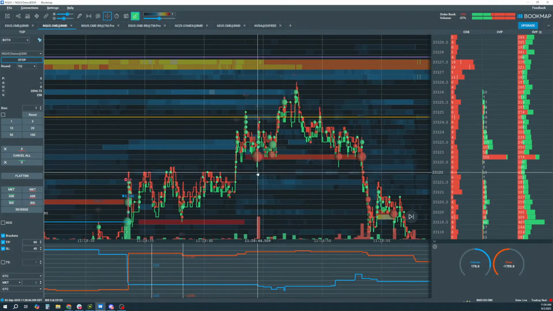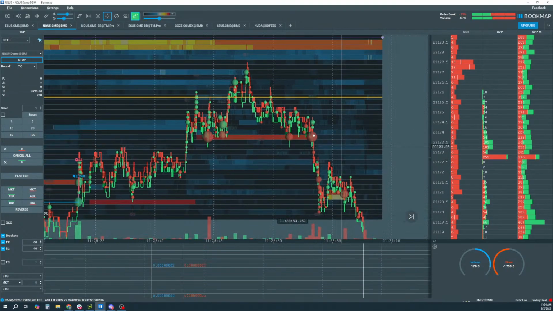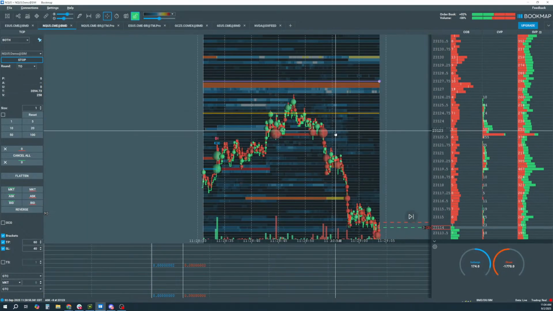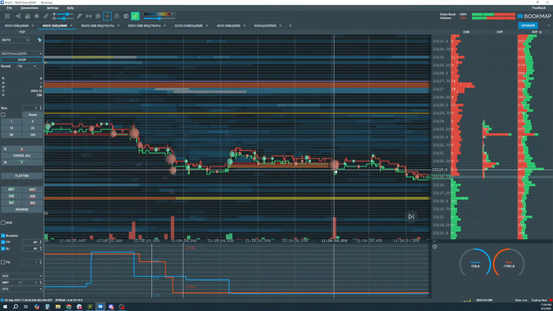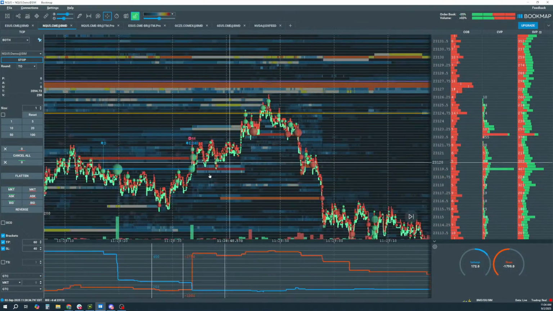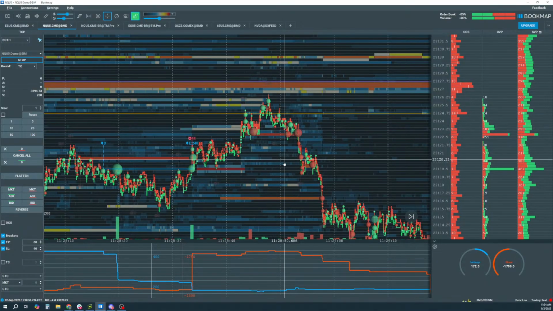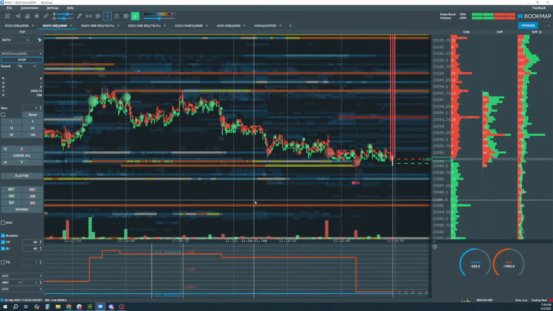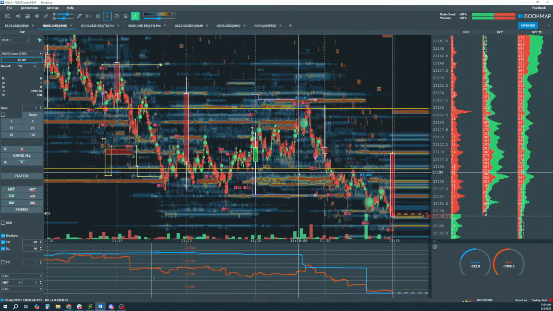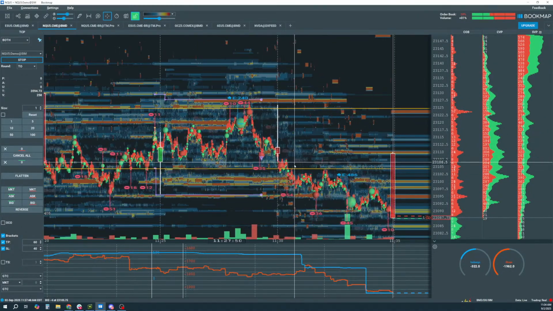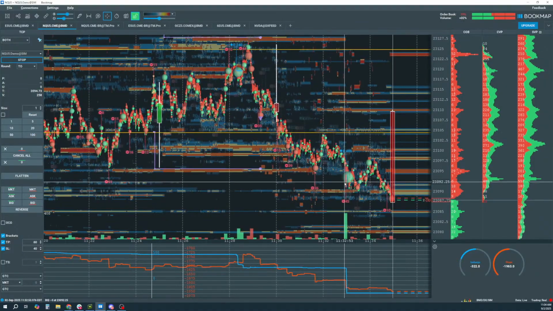He kind of chased up after it and got filled here. Okay, and here. So maybe he was just in a bad position and trying to get out. Okay, look at our sellers come right back in now.